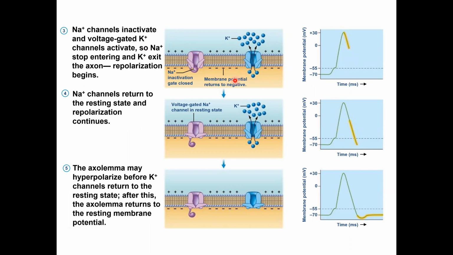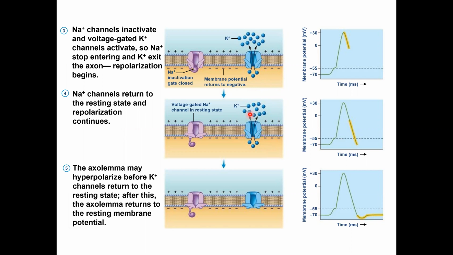How to do it? We need to open potassium channels, voltage gated potassium channels. So potassium starts moving out. When potassium is moving out, the cell becomes what? Less positive and more negative inside, right? So we return back to negative inside and positive outside.